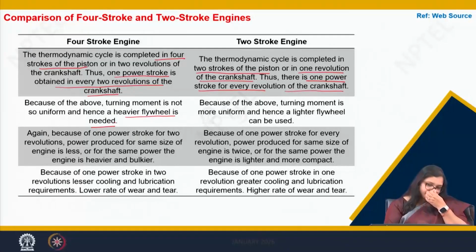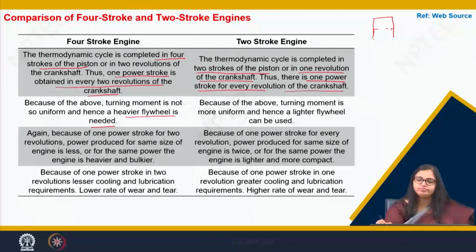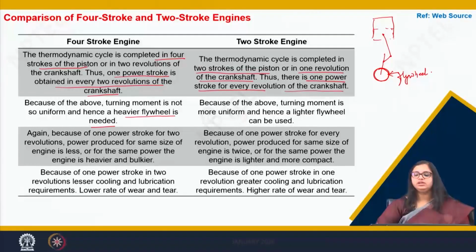Let me first make you understand: when this piston cylinder arrangement produces power in the power stroke, there is a crankshaft, and at the end of the crankshaft there is a heavy mass which we call a flywheel. This is in 3D, I am trying to show it in 2D. So from this engine the energy gets stored in the flywheel.